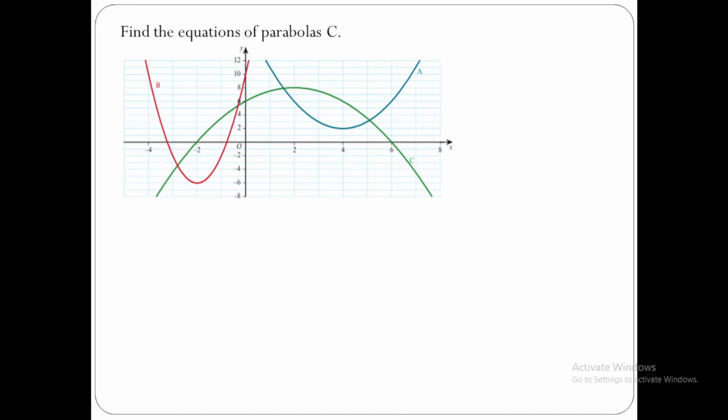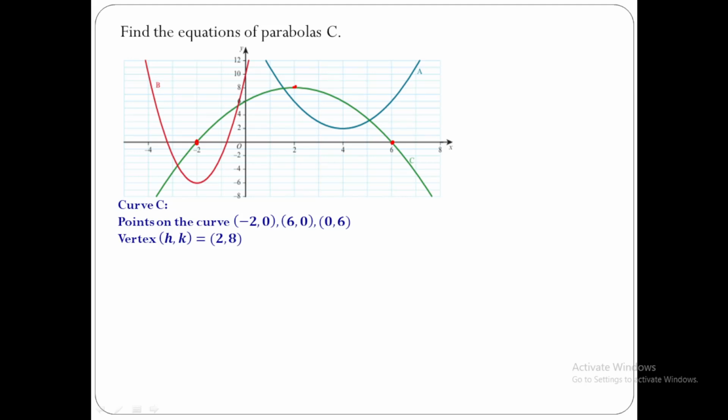Here also we have to get 3 points: one is the vertex, and two are points from the x-intercepts. This is the vertex, that is 2 comma 8, and the x-intercepts are 6 comma 0 and minus 2 comma 0. Using these 3 points we can find the value of a and h comma k.